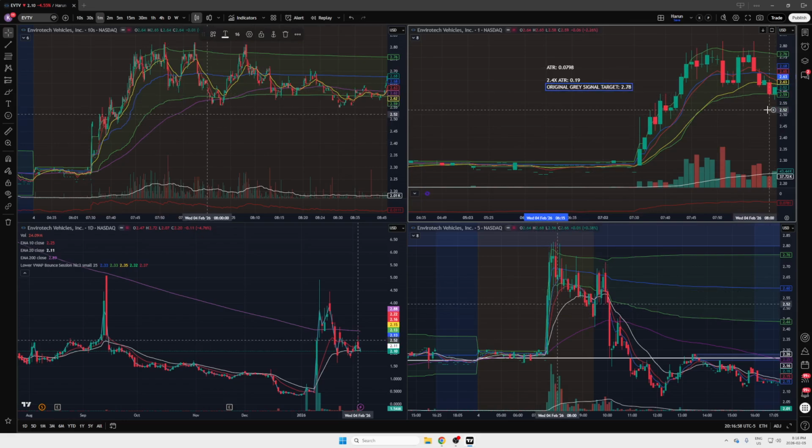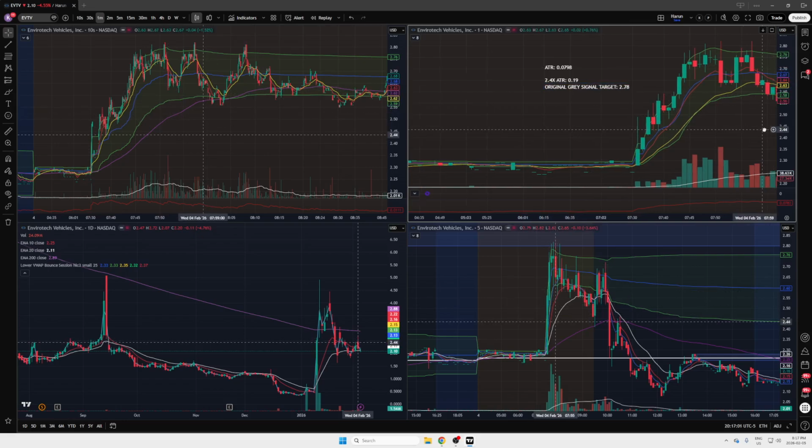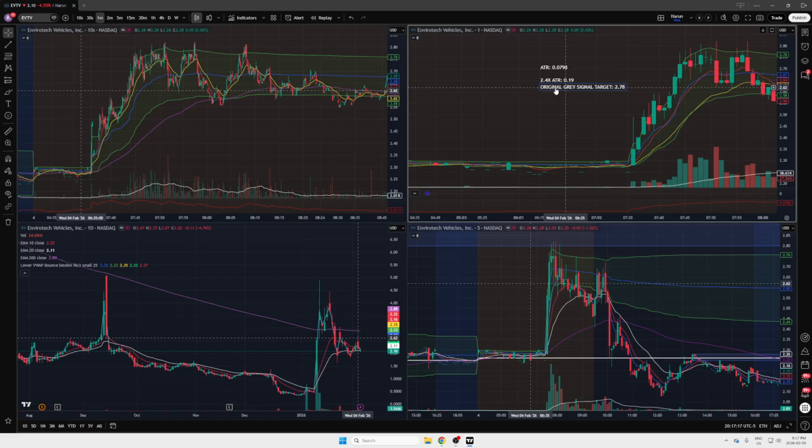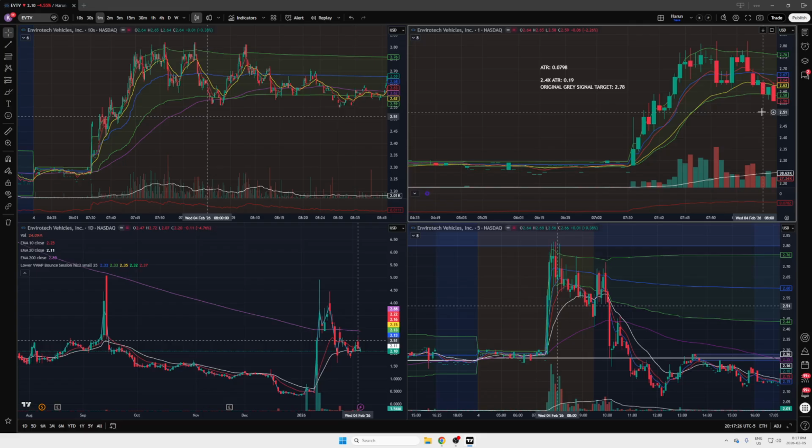So now, it's bar 0, bar 1, and then bar 2 ends up closing red. When bar 2 closes red, usually it'll just go down further and you won't end up getting an entry. In order to make sure that this actually didn't stop out, we're going to check the original stop out price. So we're going to take the close of this and subtract the ATR. 2.59 minus 0.0798.